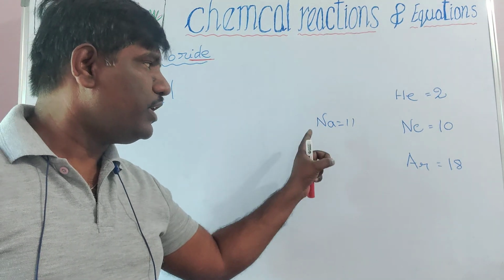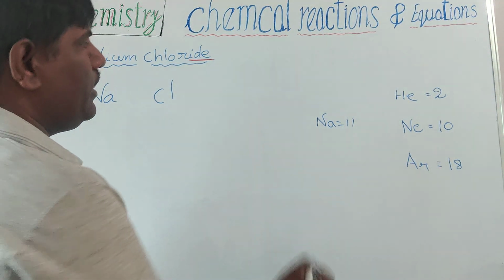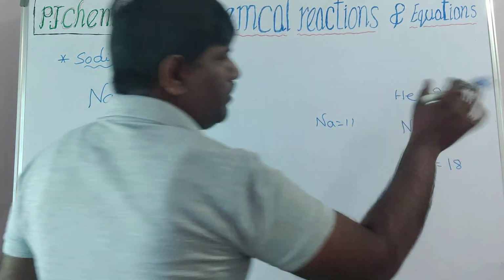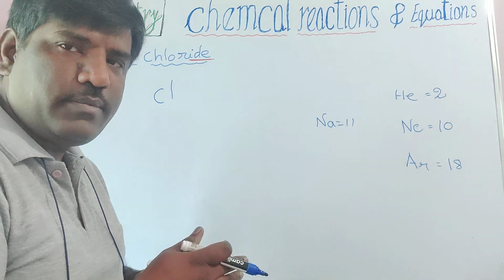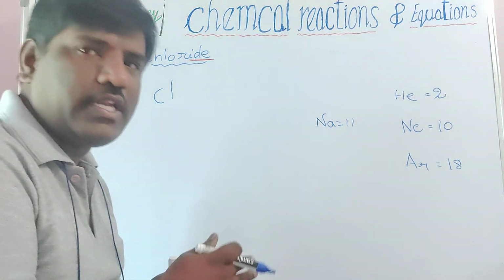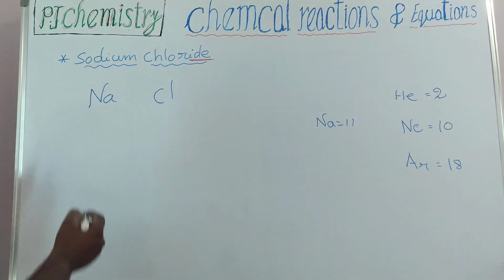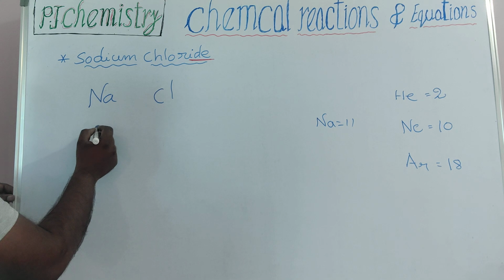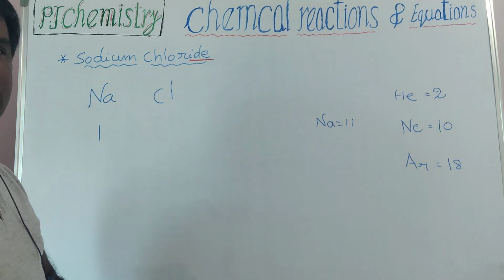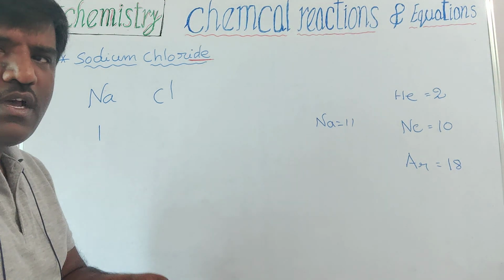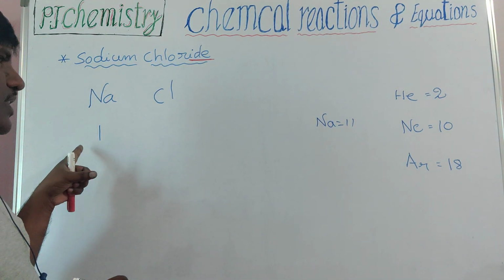So the nearest noble gas to sodium is neon. Sodium wants to get neon stability, 10 electrons, which means sodium wants to lose 1 electron. Valency is nothing but the number of electrons lost, gained or shared. So sodium valency is 1.